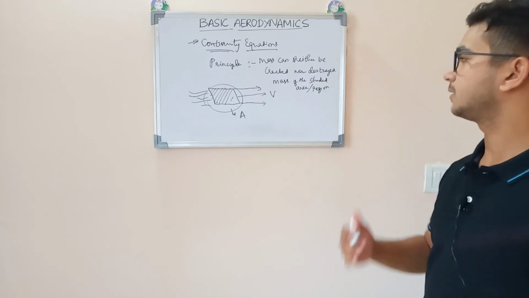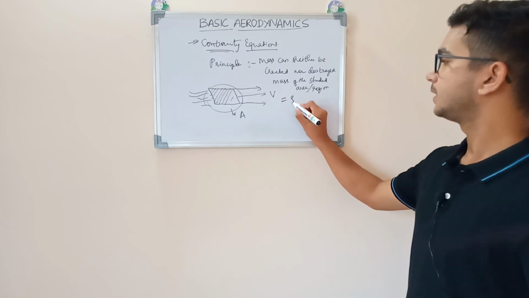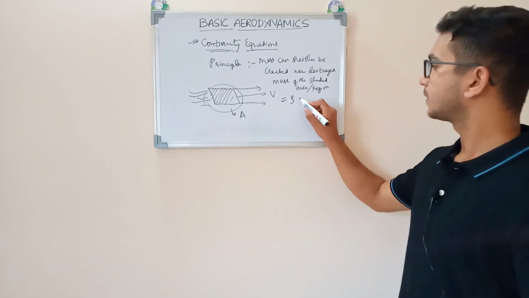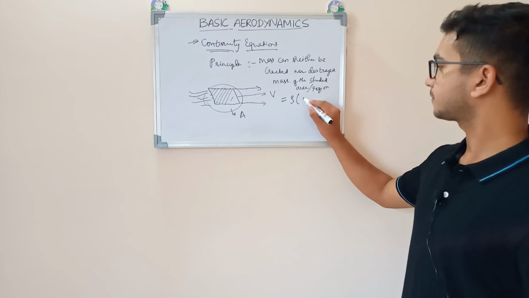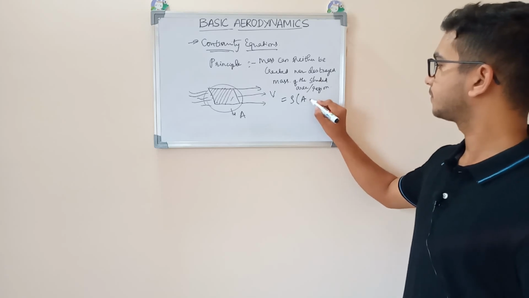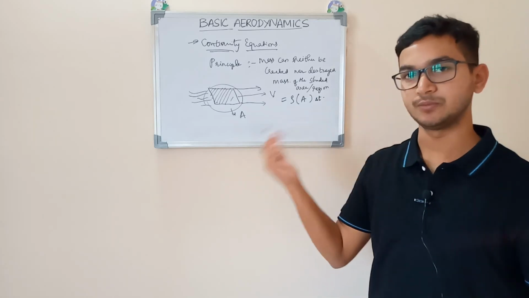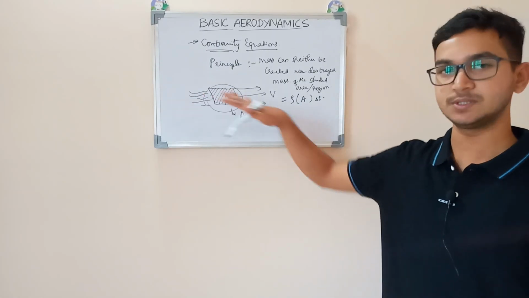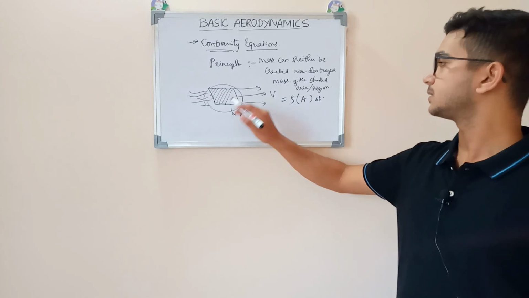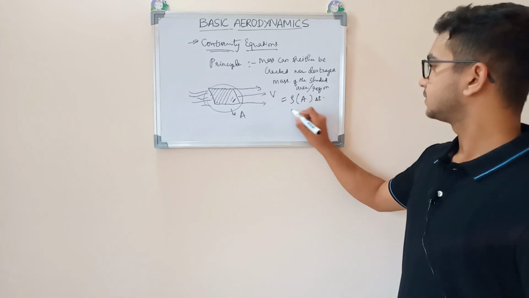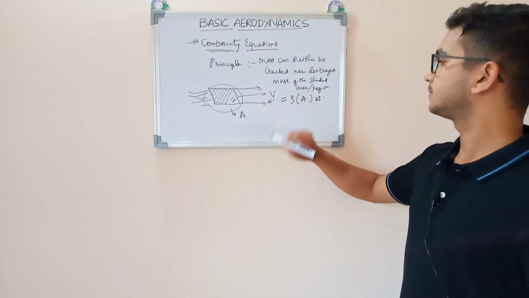The mass of the shaded area or region is the density of the flow times the area times the time interval in which the fluid is crossing this area. So this will be the mass.